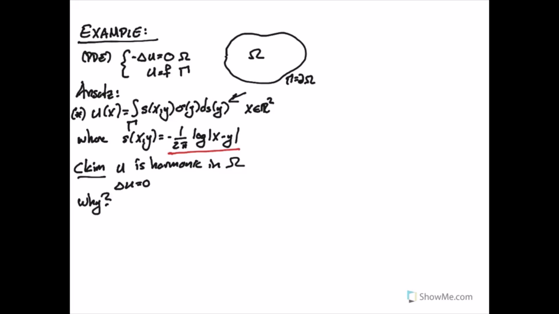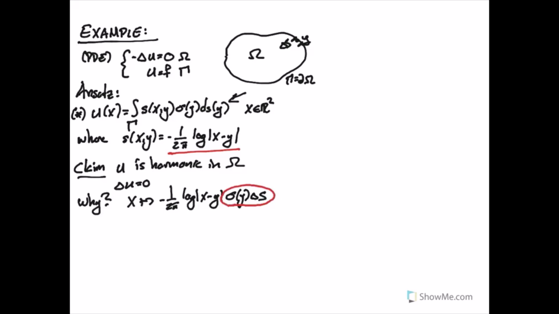Well, first of all, if we take a point y on the boundary, and then we take some little surface element delta s, and then if we look at the function x maps to minus 1 over 2 pi log of |x minus y| times sigma of y times delta s. And what is this? So this is the harmonic field that's generated by a point source at y of this strength.